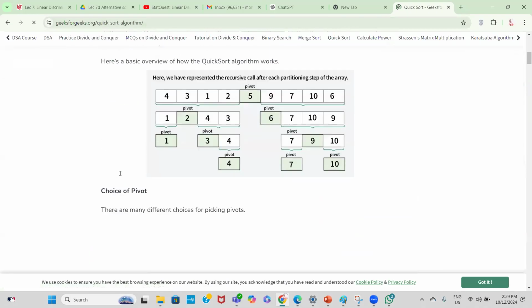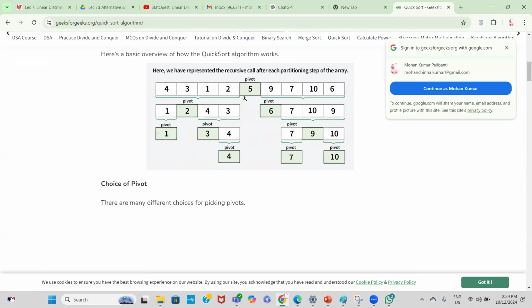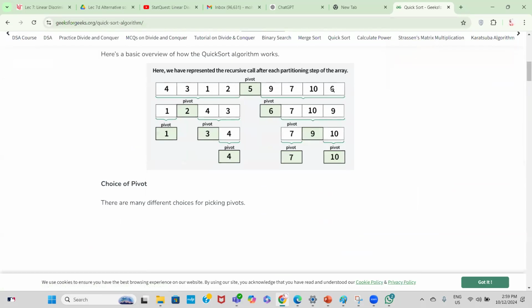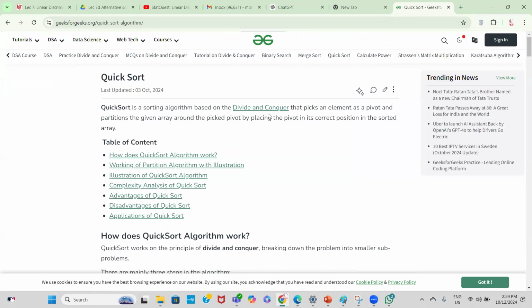Yes, quick sort is one of them. Look at this. It is dividing the array that is given into two parts, and then further subdividing that, and at the end it sorts all the values. This is called a divide and conquer algorithm.